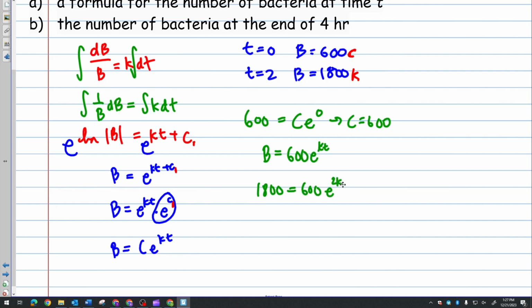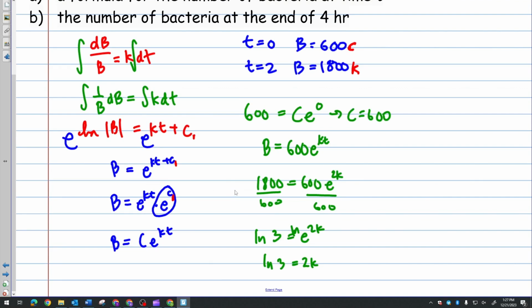I really want to solve for this k, so what I'm going to do is divide both sides by 600. So this gives me 3 is equal to e^2k. I want to bring this k down to the ground, so how do you get rid of this e? You log both sides. So this will give me ln of 3 is equal to 2k, because if you log a tree, the cat falls out.